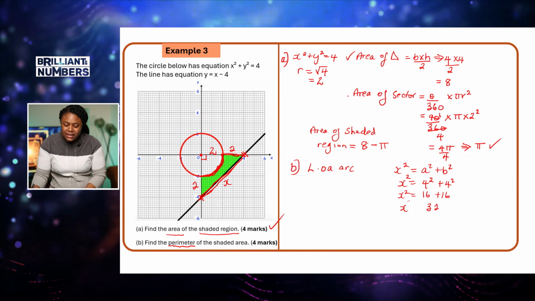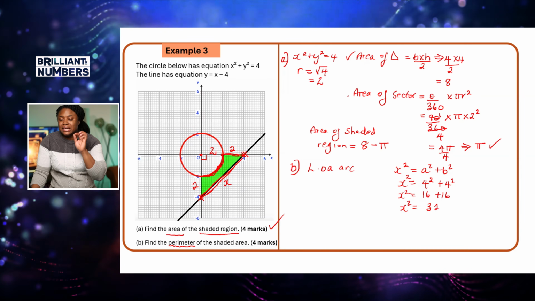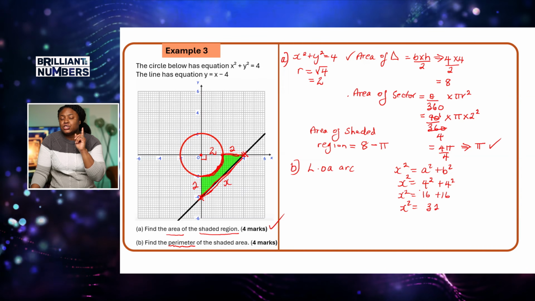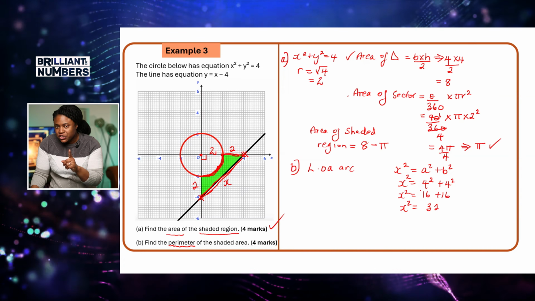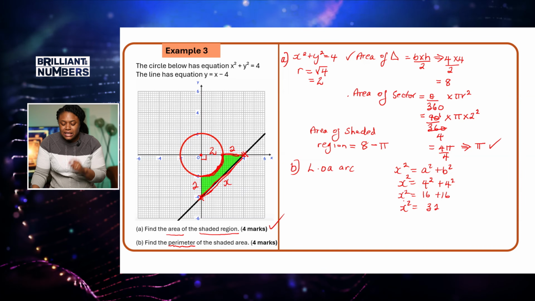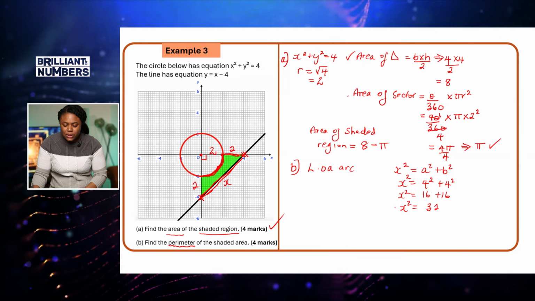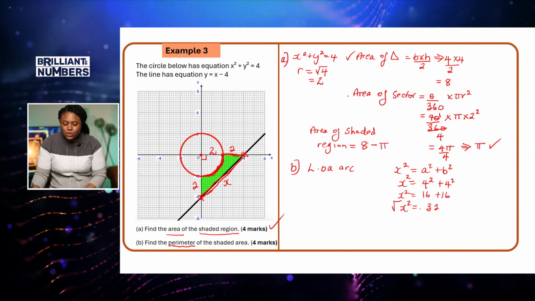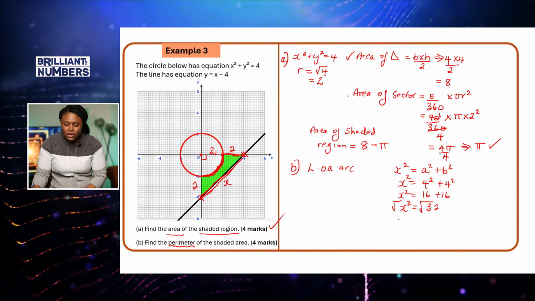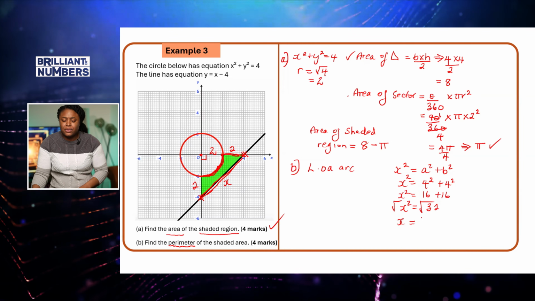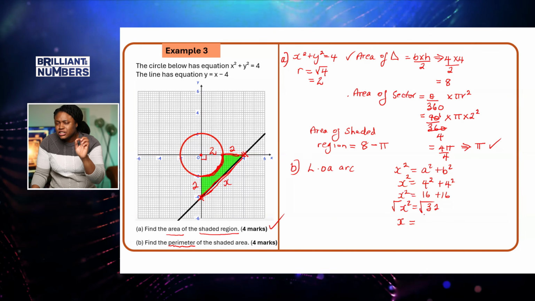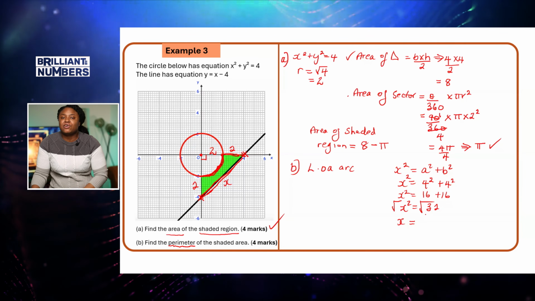So now I need to find the square root, and it's a beautiful opportunity to revise surds as well. So if it's a non-calculator paper, you will have to leave this in surd form. So let's go. We need to find the square root of x squared and the square root of 32. So x then will be equal to, what is the largest square number that's a factor of 32?